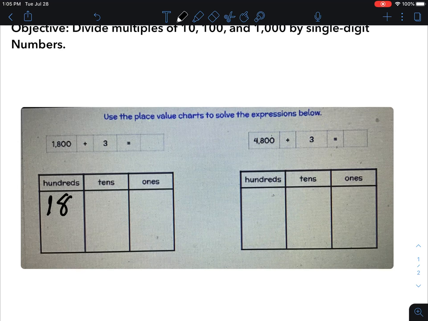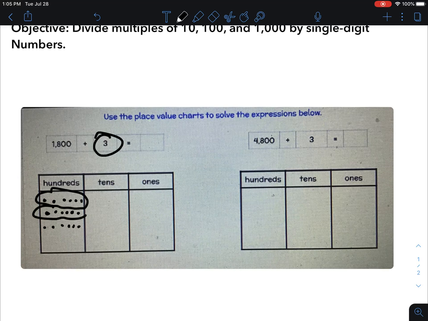So if I want to use a place value chart, I could simply put the number 18 in here, or I can use discs if I want to and draw 18 discs. 6, 12, 18. Right.